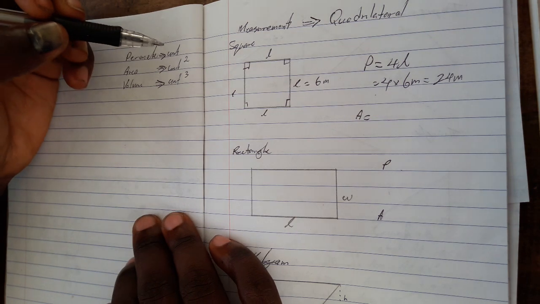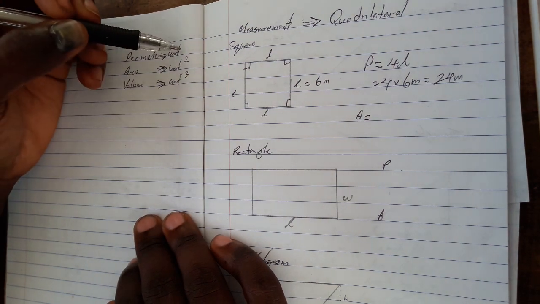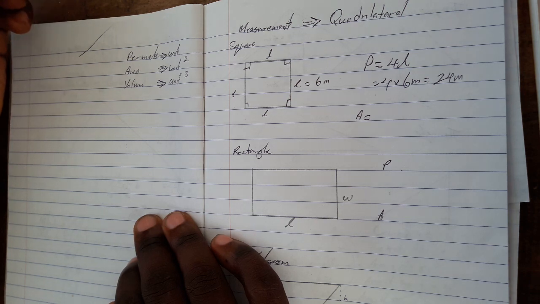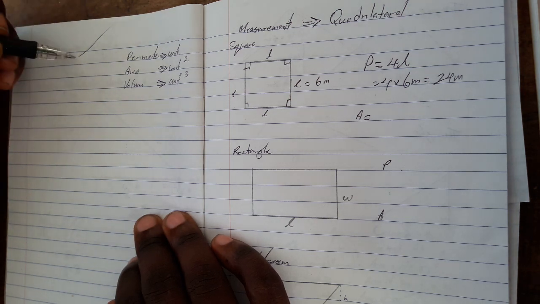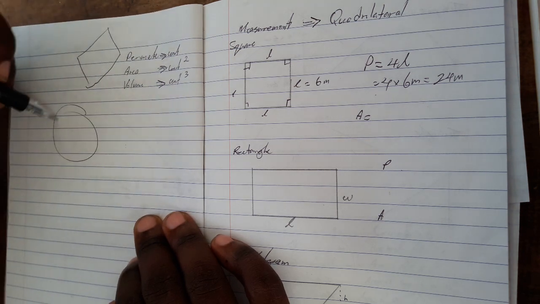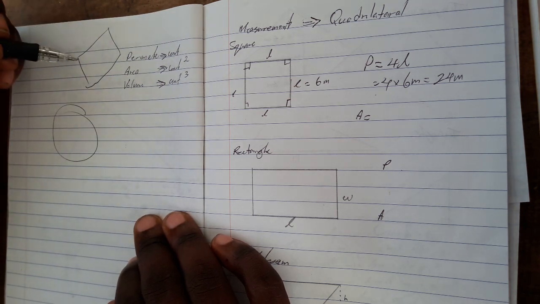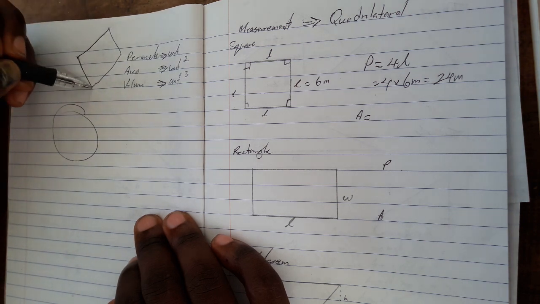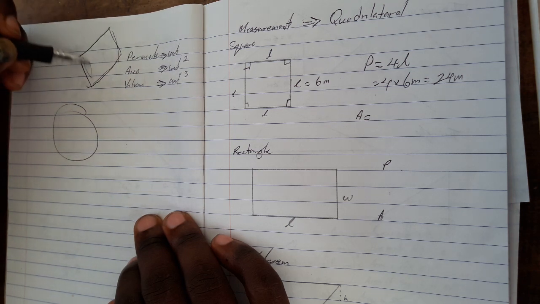I want to stop quickly to show you that perimeter is always in units because it's considered just a straight line. An area is a space enclosed by a shape, whatever shape it is. So perimeter is the first dimension, just a straight line. Area is the second dimension, the space enclosed by the two sides.